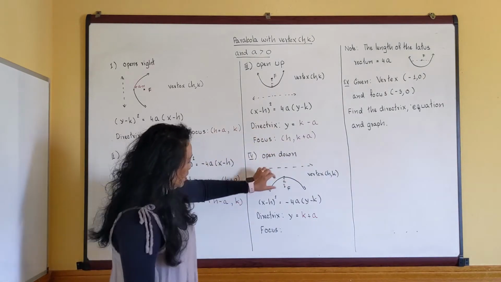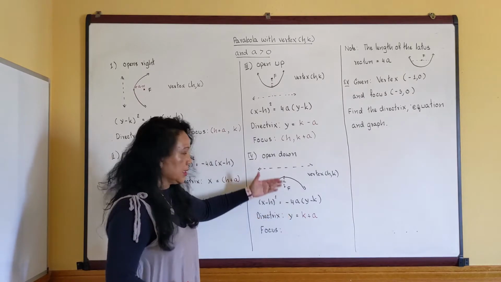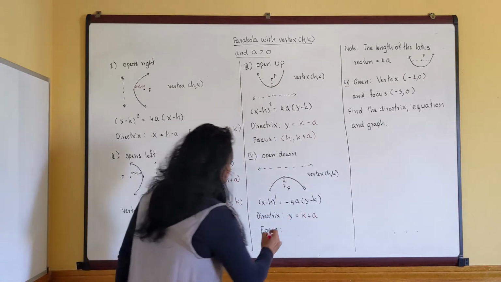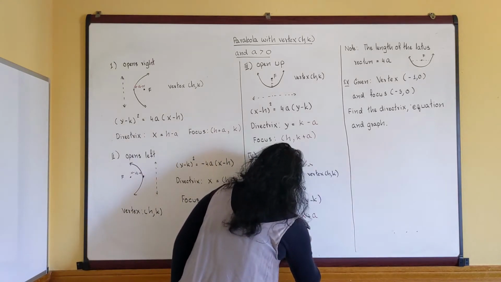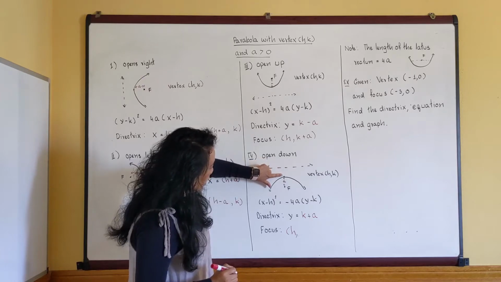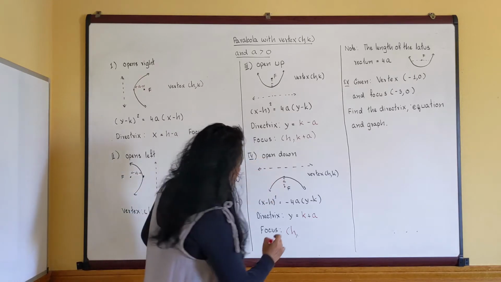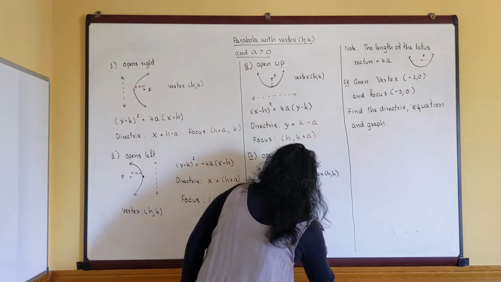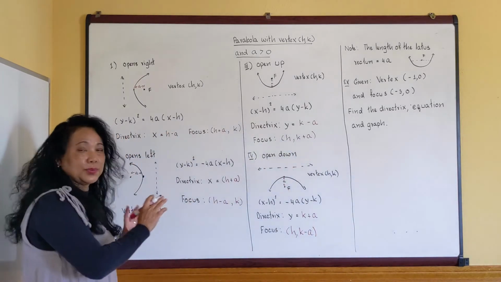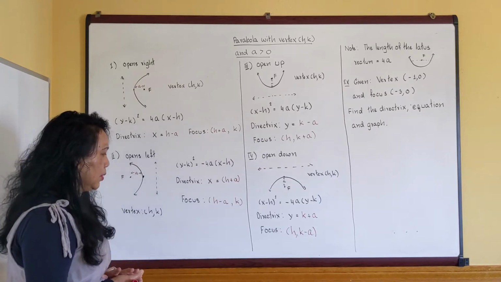Now the focus is going to be below the vertex, inside the parabola. The x coordinate is going to remain the same, which is h. The y coordinate, if it's (h, k) here, is going to go down, so it's going to be k minus a. All right, just try to understand how the picture works and where the coordinates are going to go.